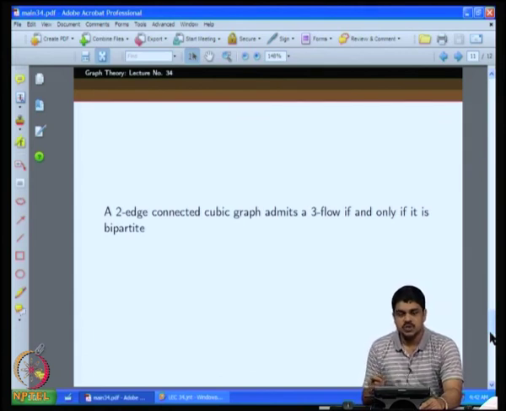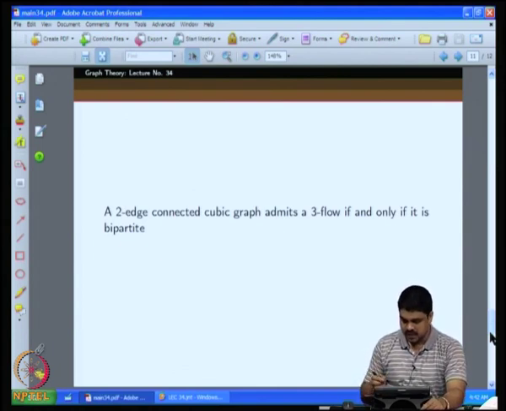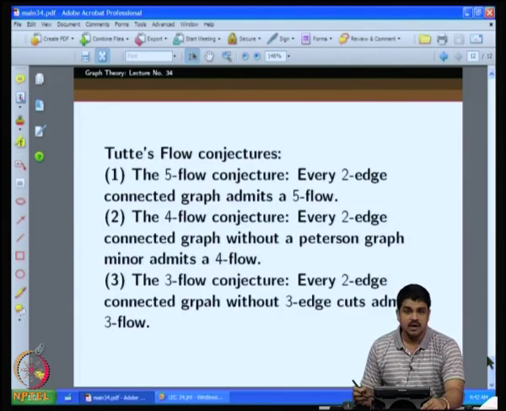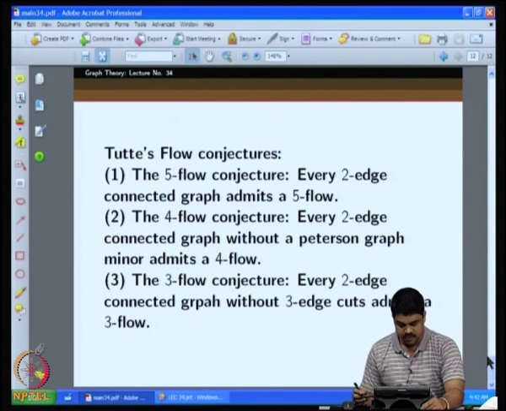So, a 2 edge connected cubic graph admits a 3 flow if and only if it is bipartite. We do not have time to do the proof, so we will leave it for the student to work out. Finally, we conclude with the 3 famous conjectures from Tutte about the flow number of graphs.